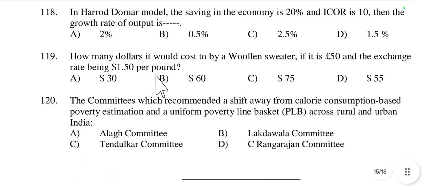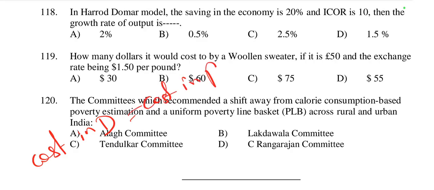Then next question, how many dollars would it cost to buy a woolen sweater if it is 50 pounds and the exchange rate is $1.5 per pound? So we have to find the cost in dollars. Cost in dollars is equal to cost in pounds into exchange rate.